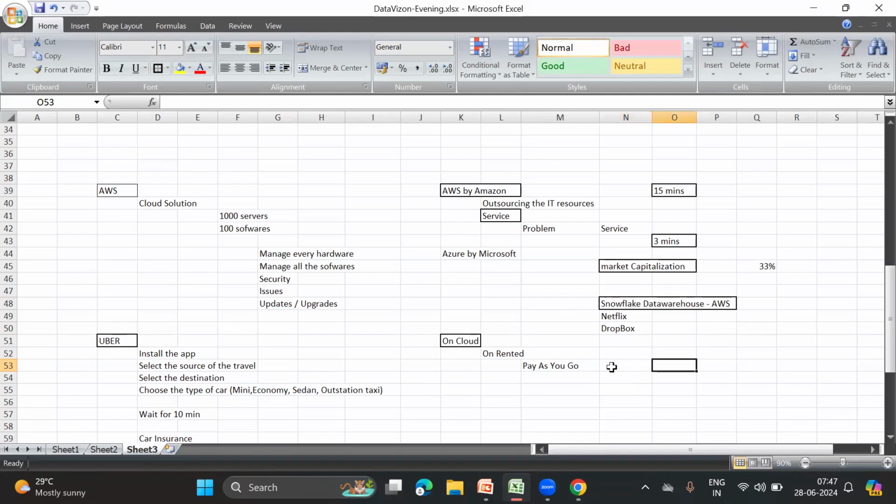Under that policy, Snowflake created a data warehouse solution. And then AWS said, okay, we also have a data warehouse solution, Redshift, and someone is using my hardware to compete with me.